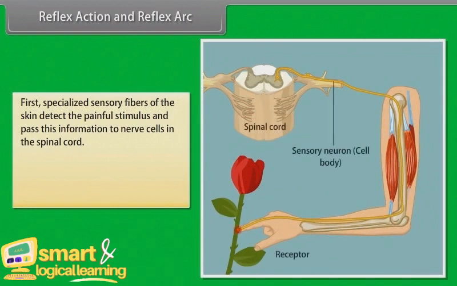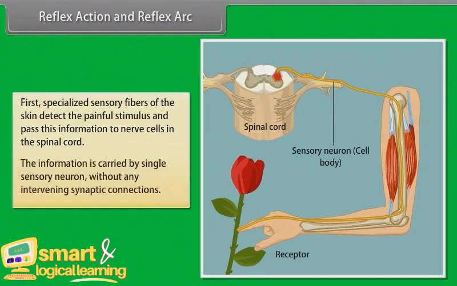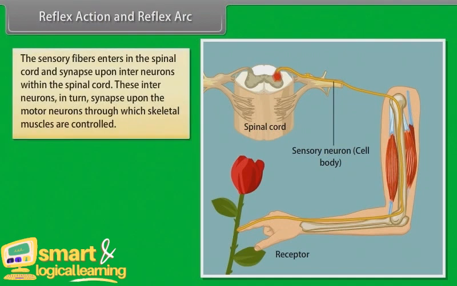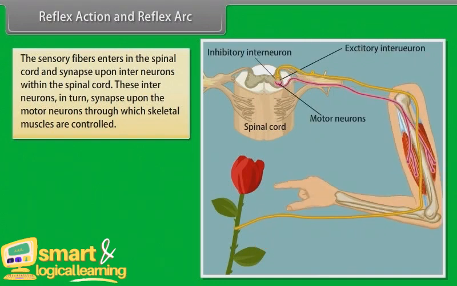First, specialized sensory fibers of the skin detect the painful stimulus and pass this information to nerve cells in the spinal cord. The information is carried by a single sensory neuron without any intervening synaptic connections. The sensory fibers enter the spinal cord and synapse upon interneurons within the spinal cord.